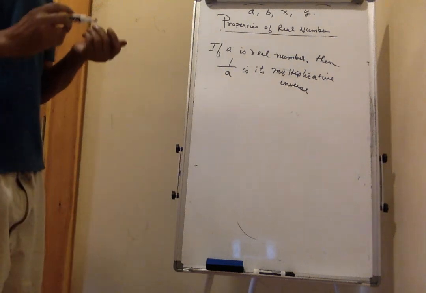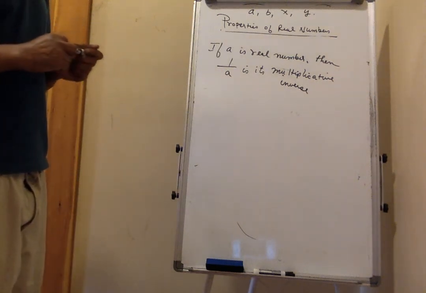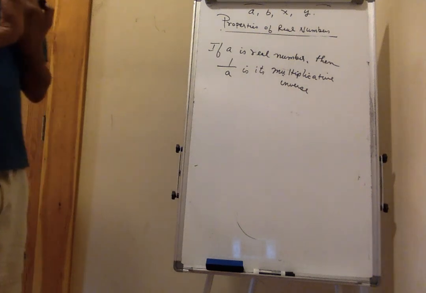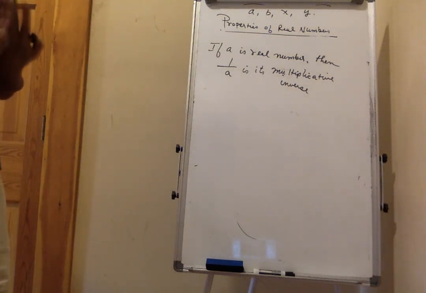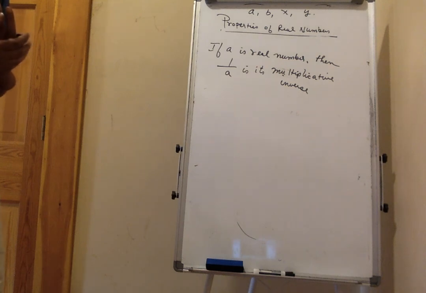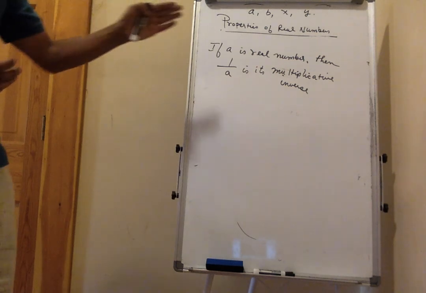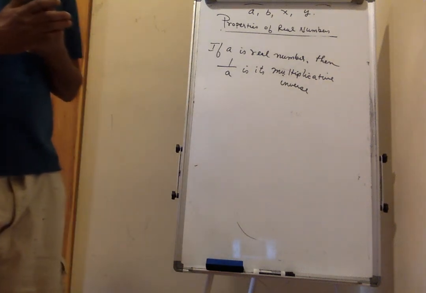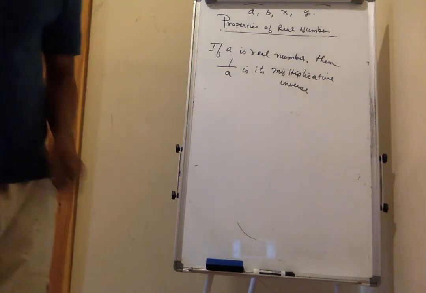Okay, so we can end this first session because this is a preliminary. It just gives you an idea what we will be dealing with in the upcoming sessions or throughout the semester. So meaning what? Real numbers. So we know what we mean by real numbers and their properties. Okay.